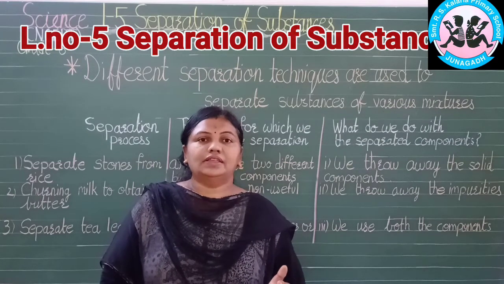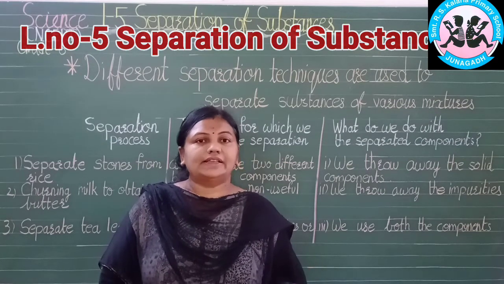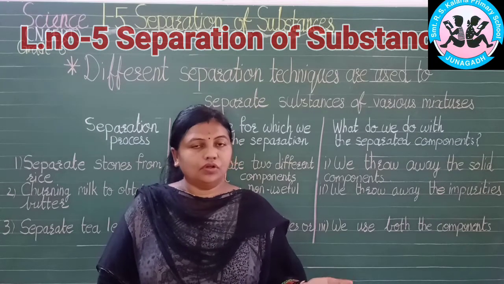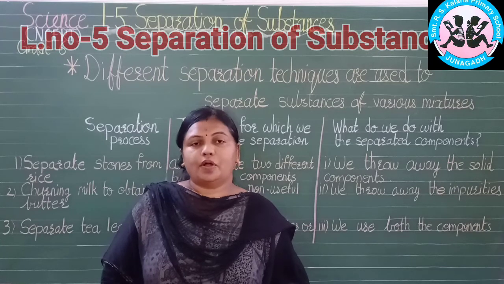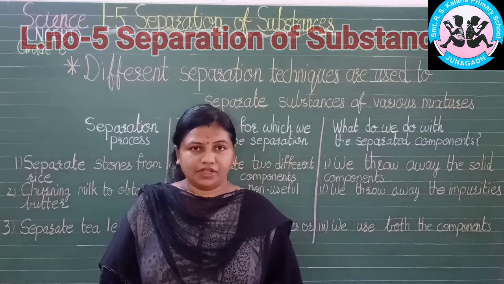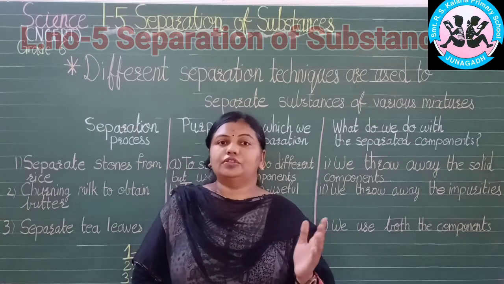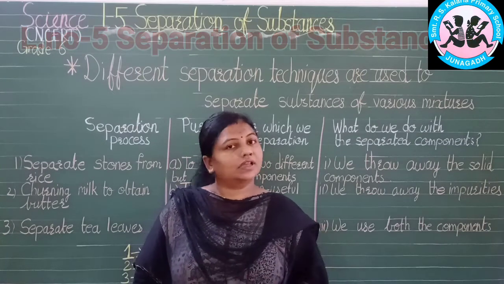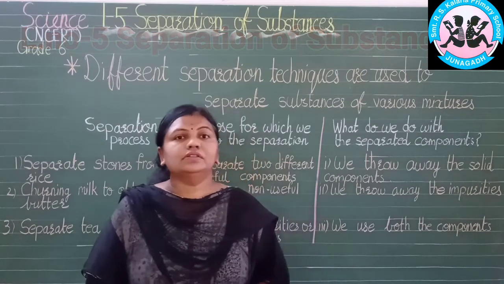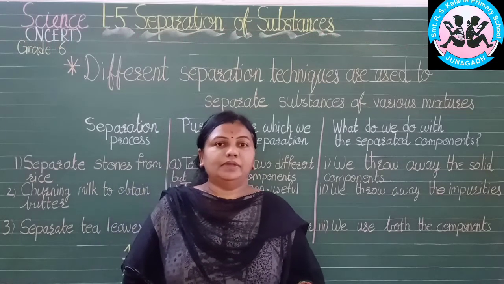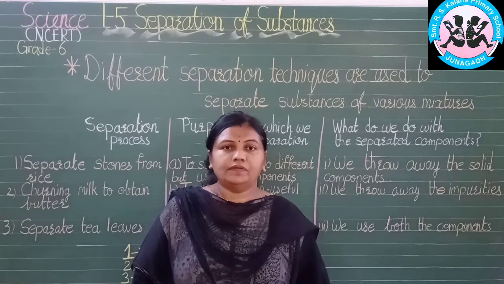Because tea contains substances like ginger, cardamom and tea leaves and so on, which will not be proper while we drink it. So when we drink tea, it is required to be strained after it is prepared. Even sometimes there are some lumps or impurities in the milk also, then it is required to be filtered.